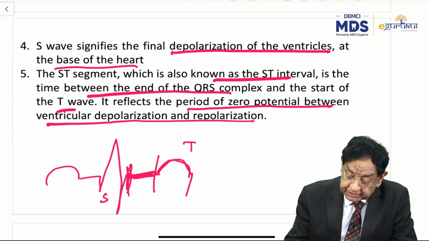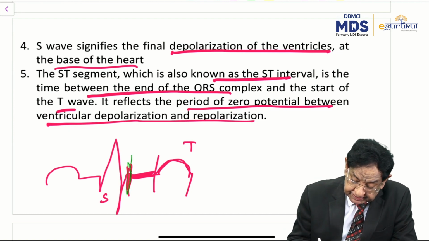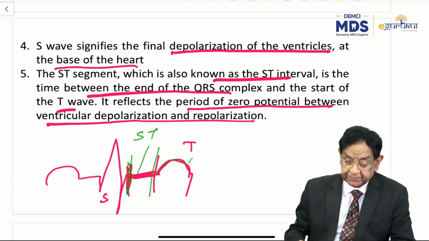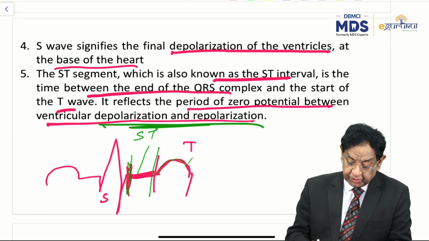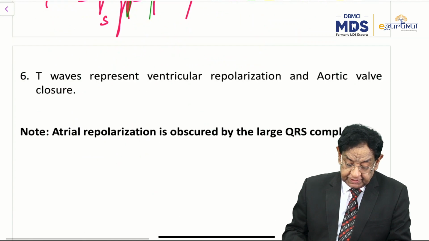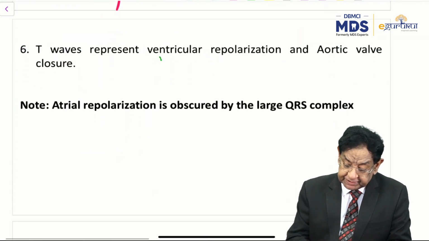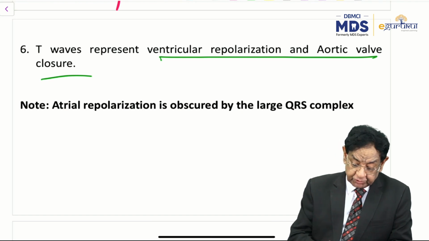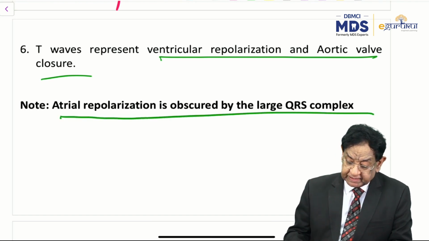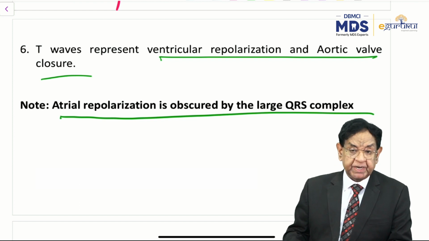So friends, this is the ST segment and this is the T wave. T wave represents ventricle repolarization and aortic valve closure. As I told you, atrial repolarization is obscured by the large QRS complex, it gets merged.